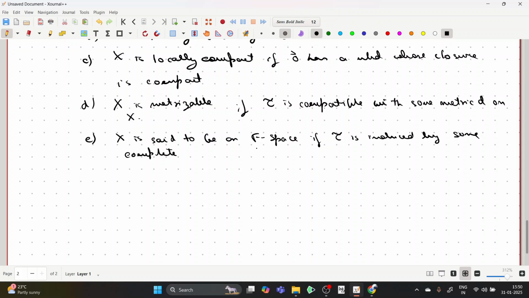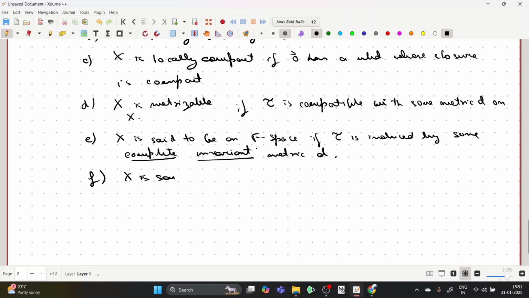So it is induced by some complete invariant metric D. That is, X is metrizable and this metric should be complete and invariant.